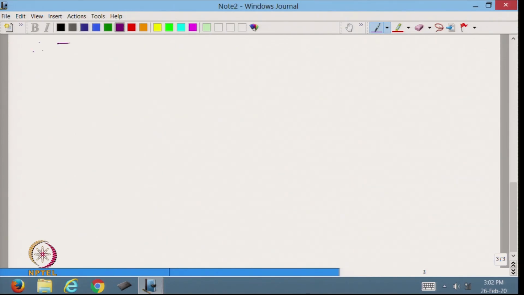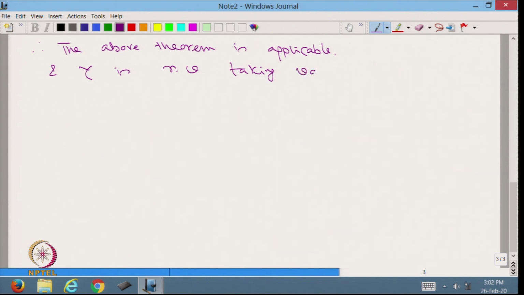Therefore, the above theorem is applicable, and y is a random variable taking values in 0, 1.